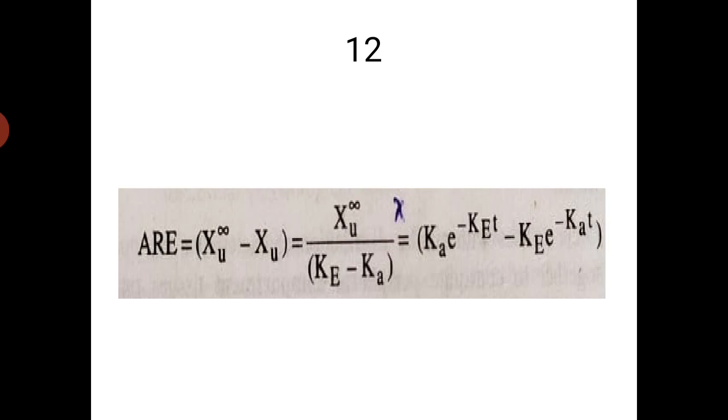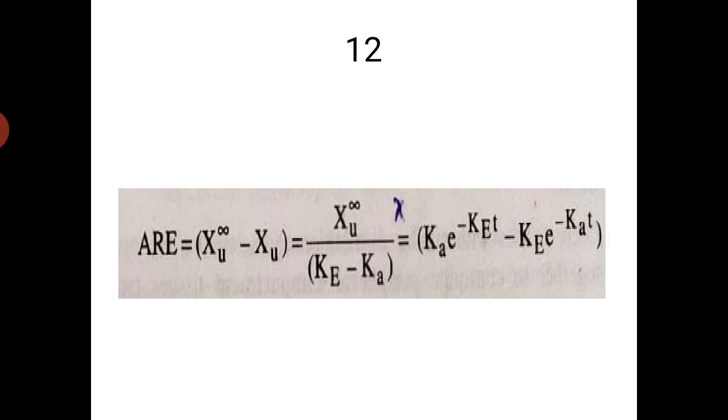A bell-shaped bi-exponential curve is obtained in a plasma concentration time profile graph for an extravascular. The same way, when you plot Xu infinity minus Xu against time, you will get a bell-shaped bi-exponential curve.